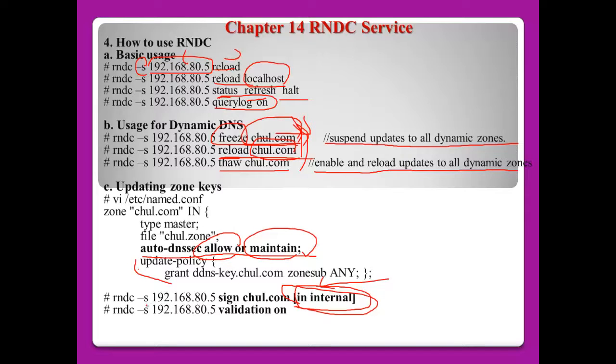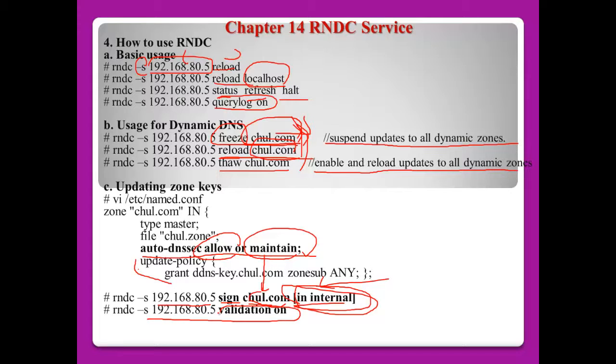And then add this as master, sign char.com in internal. Then this key can be updated as well. If you want to turn on validation, then validation on like this.